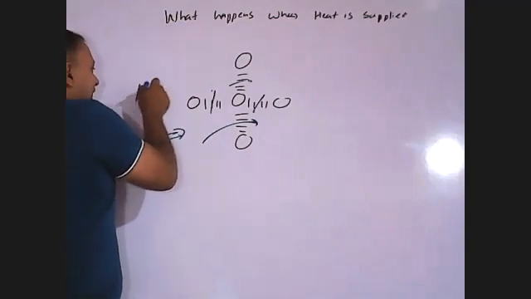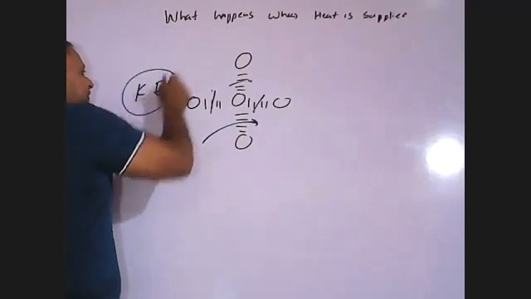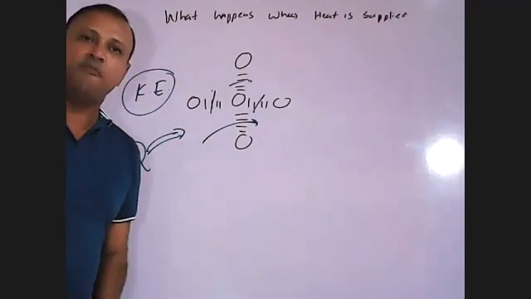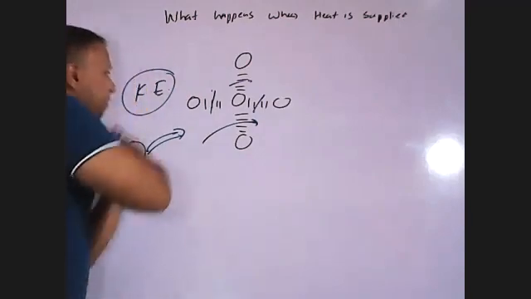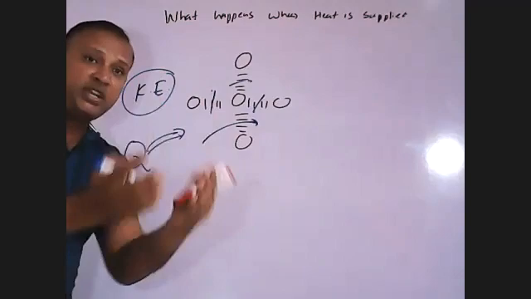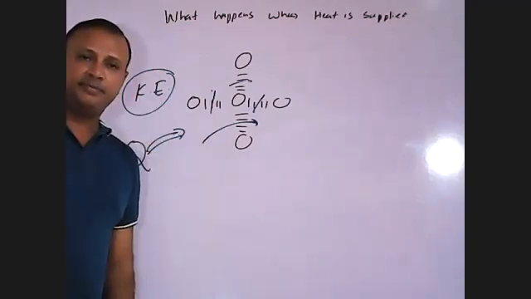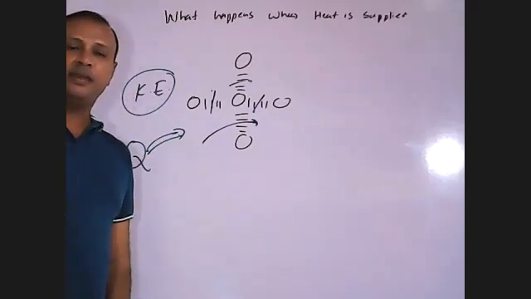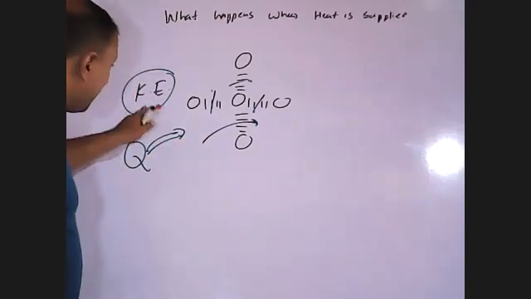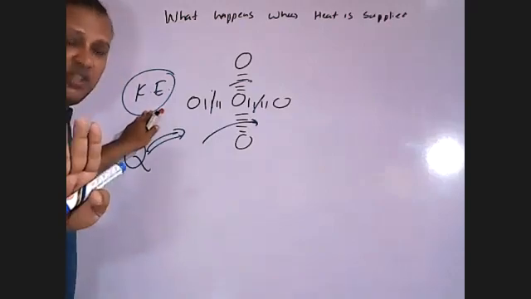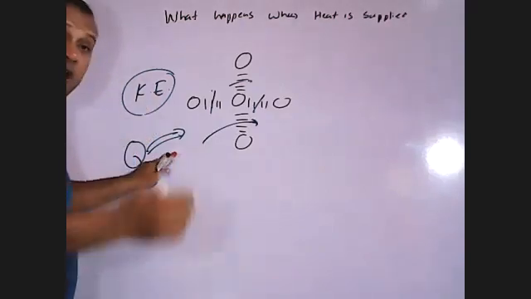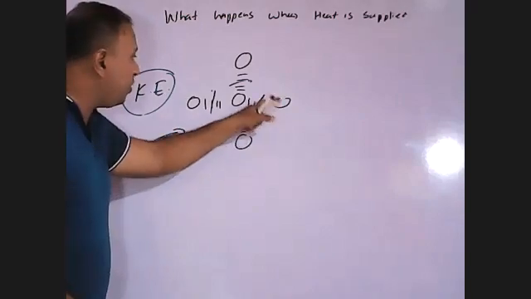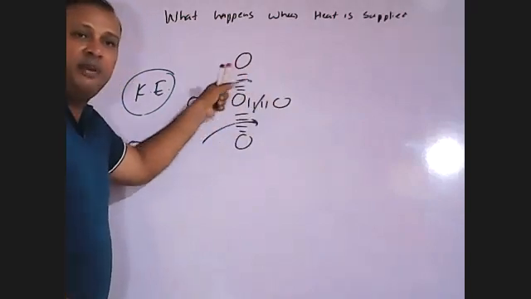After this point, the kinetic energy remains constant, but heat is supplied. The object absorbs heat, but kinetic energy remains constant because this absorbed heat is used to break those intermolecular bonds.